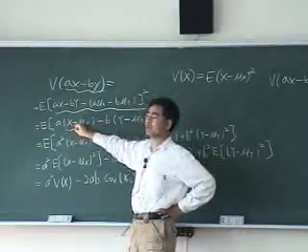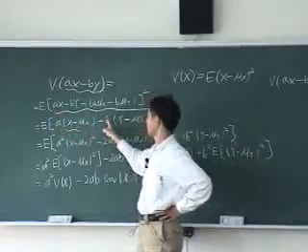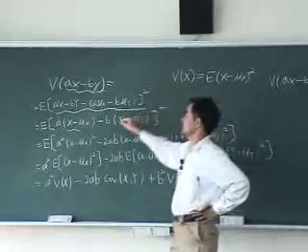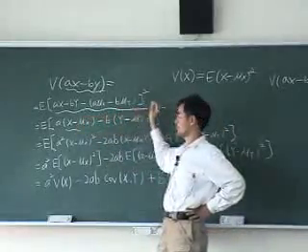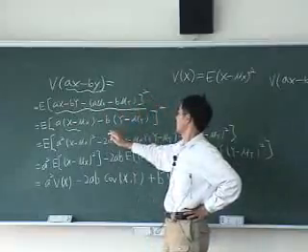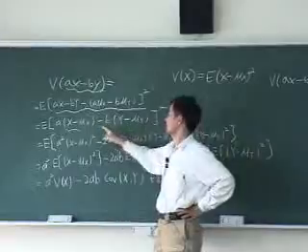This is a simplification. You factor a out, and then you factor b out, and here you have the square. So this part minus this part, squared, you have a² plus b² and minus 2ab.